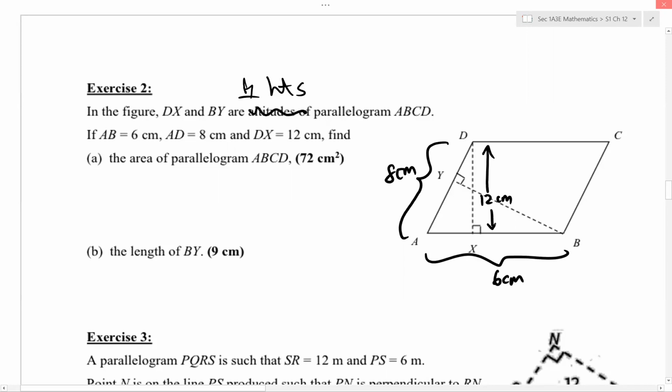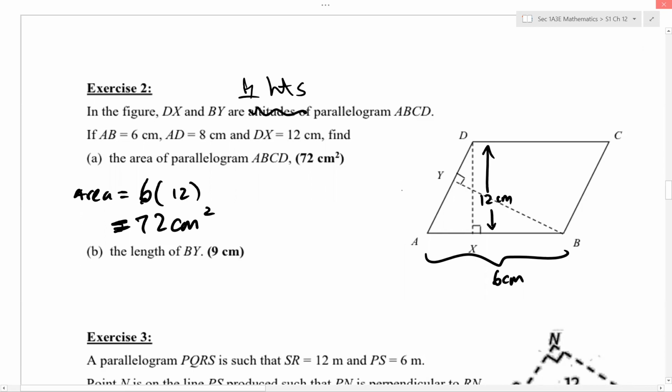Is AD useful? AD is not useful because you don't have the corresponding perpendicular height. So the area will be base of 6 multiplied by corresponding perpendicular height 12. We have 72 square centimeters. The area of this parallelogram is 72 square centimeters.